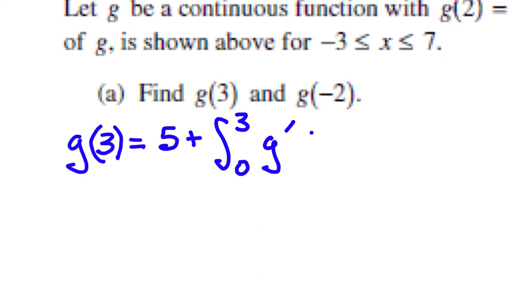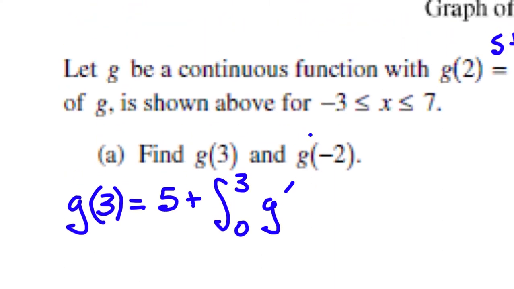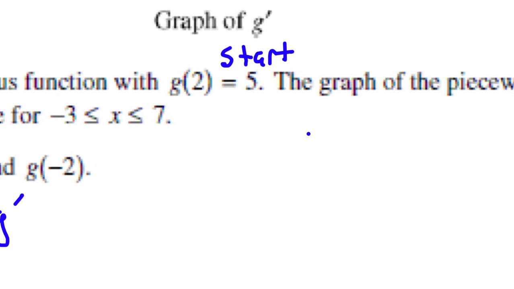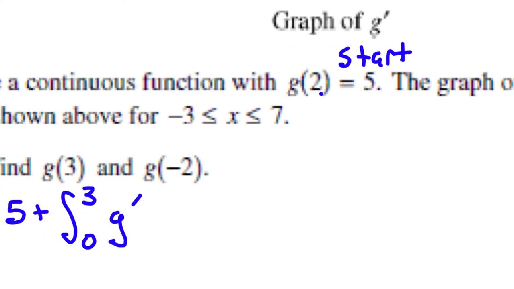Notice that g of 2 equals 5. Does that change the start condition? Oh, yeah, it does. Our start condition got moved over. So from 2 to 3, g prime of x dx.